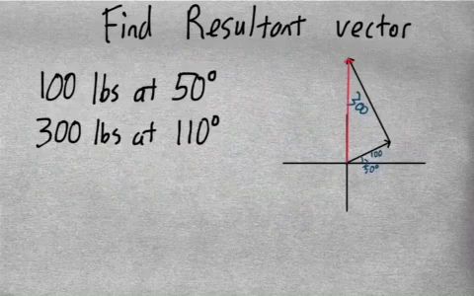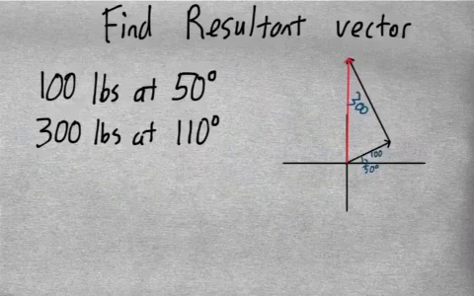Now, we want to find the red vector, the component vector, or the solution. All we have to do is add these together. A neat thing that works with vectors is that we're given polar form here, and we want to find the polar form of our red vector.